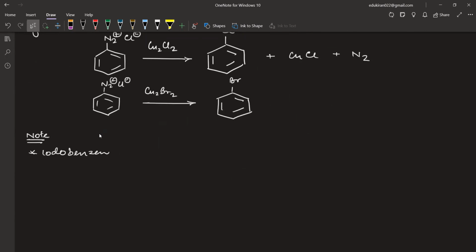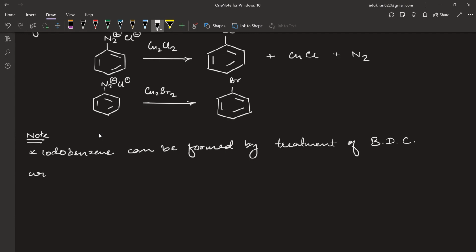Iodobenzene can be formed by treatment of benzene diazonium chloride with KI. Please remember, this is not Sandmeyer's reaction.